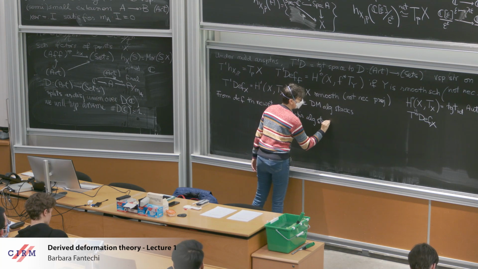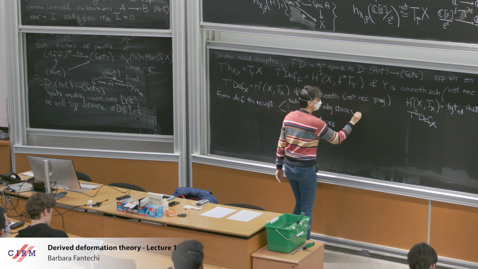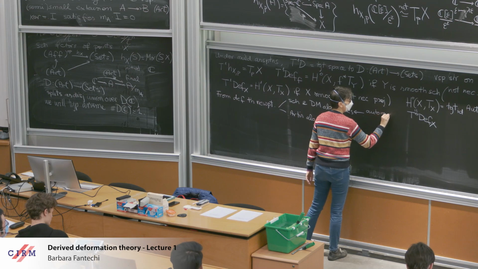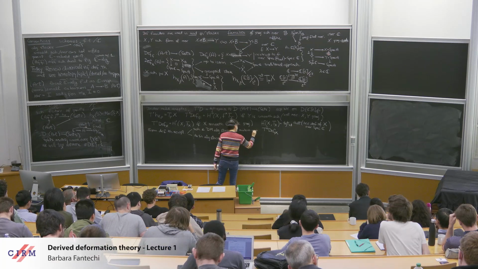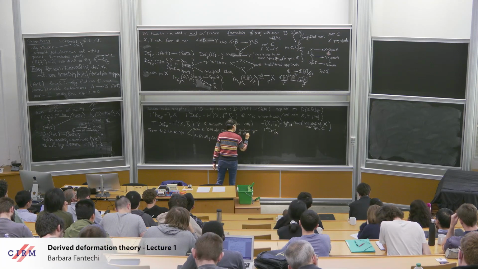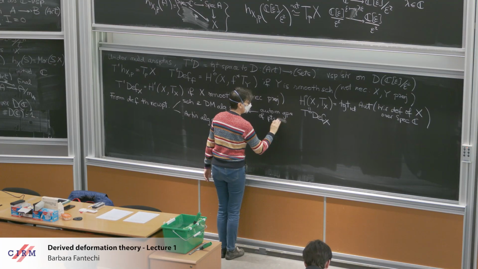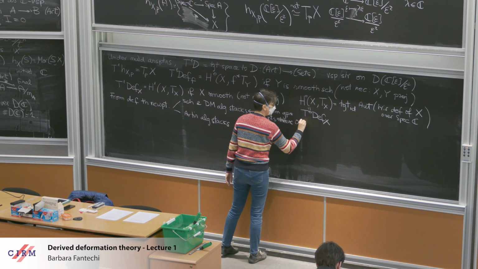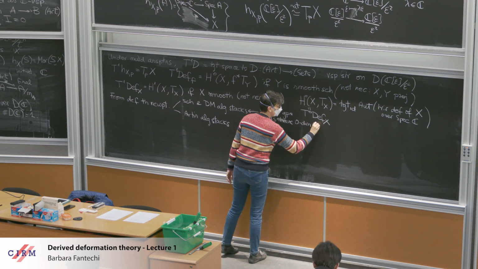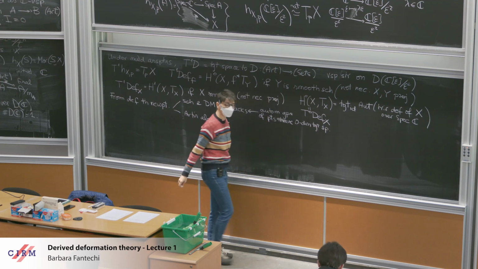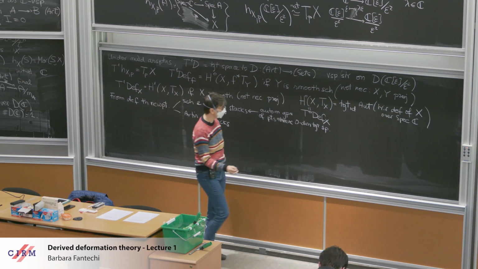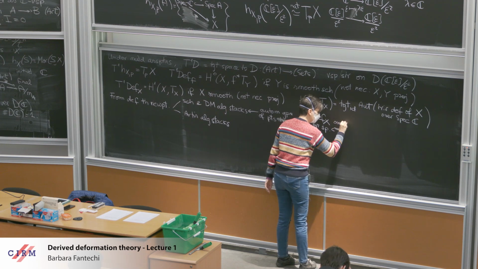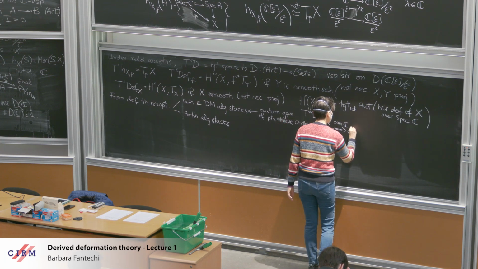And here this exactly means that the automorphism groups of points have zero-dimensional tangent space. And because we are over the complex numbers, this means that they are discrete.